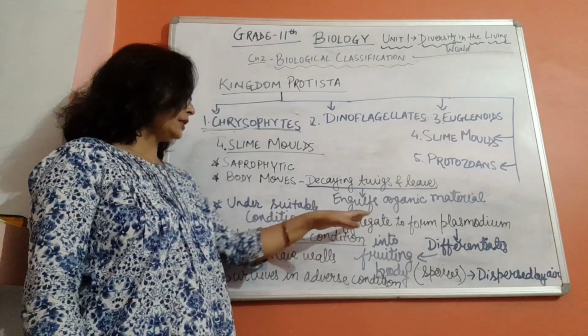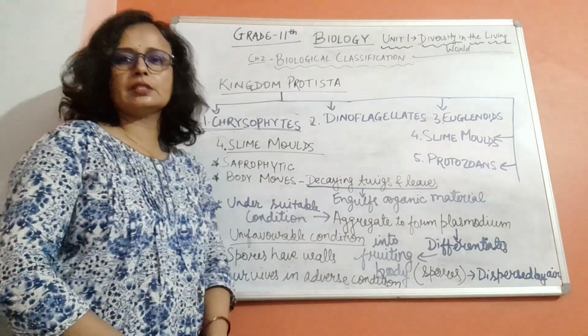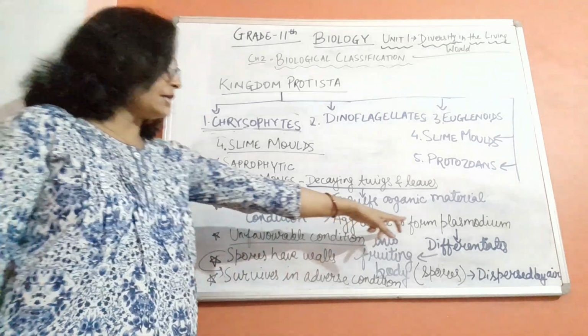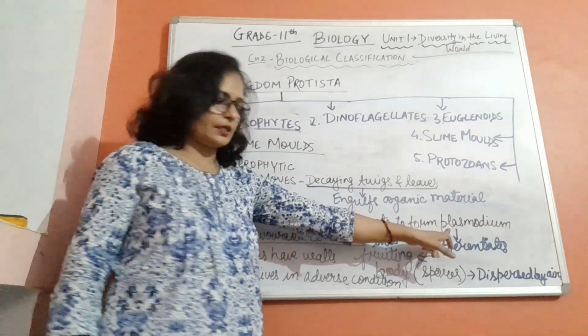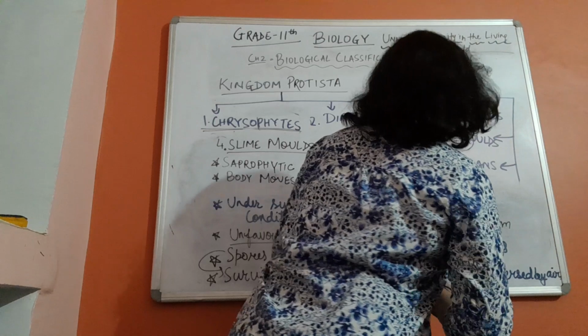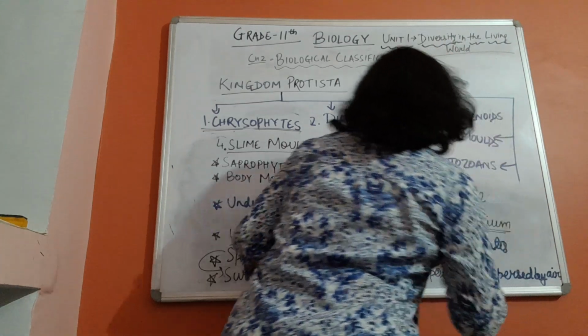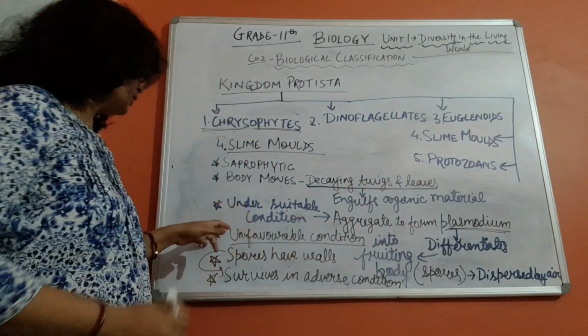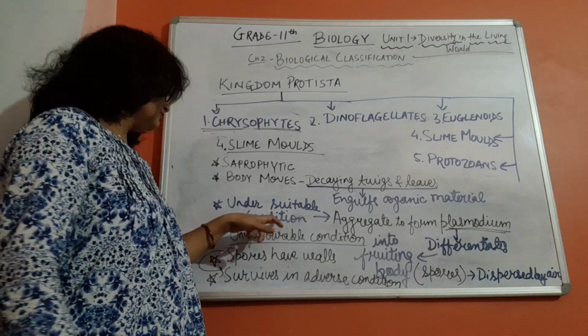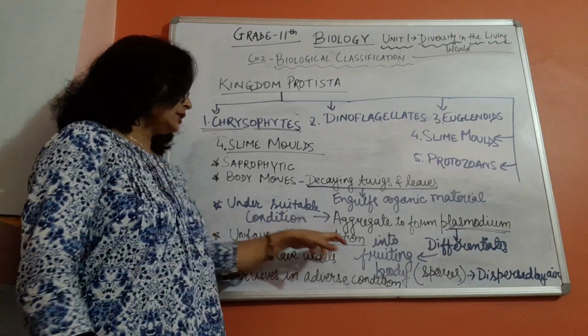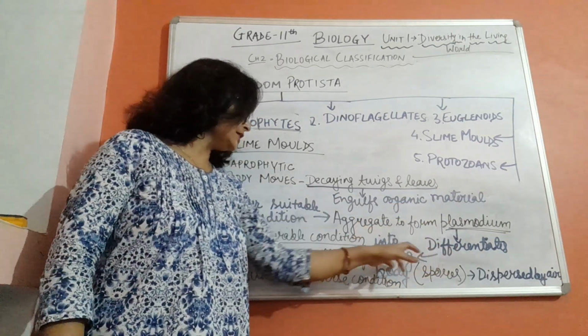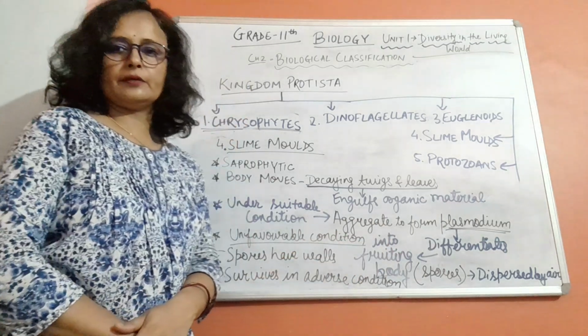Now, when the condition is suitable for growth, development and reproduction, their body aggregates to form a structure. That structure is called plasmodium. When the condition is unfavorable, this plasmodium differentiates into a fruiting body.